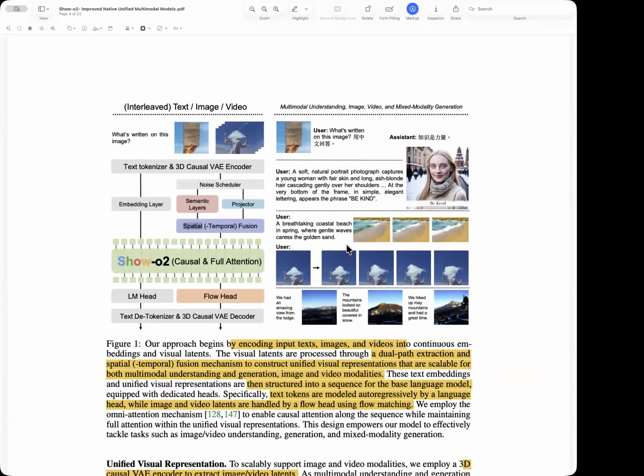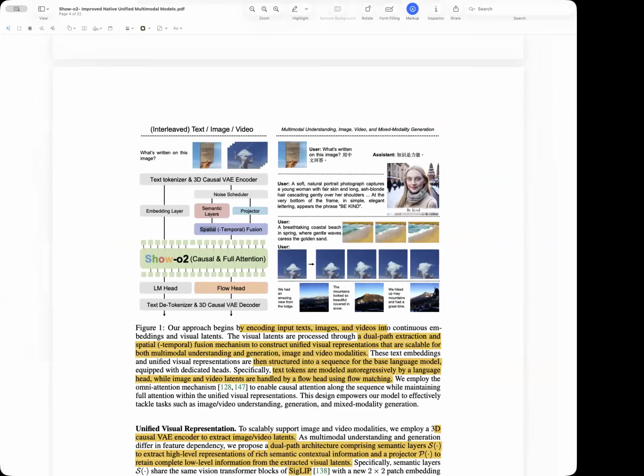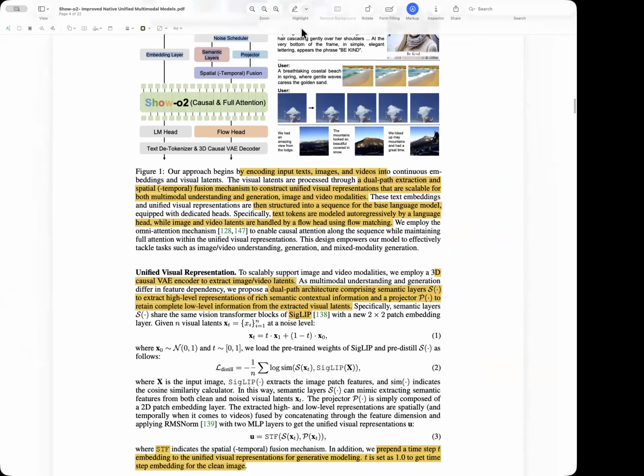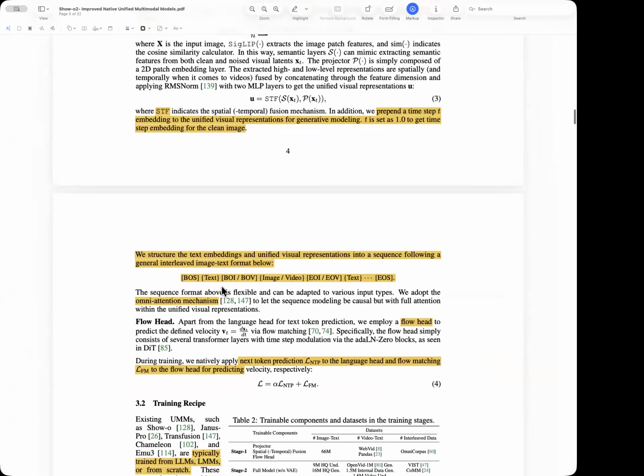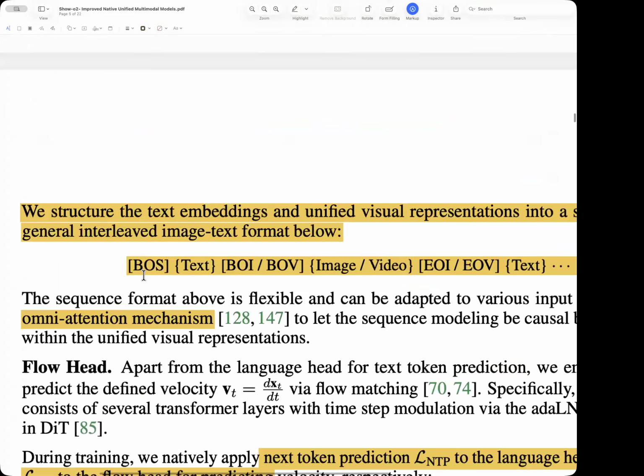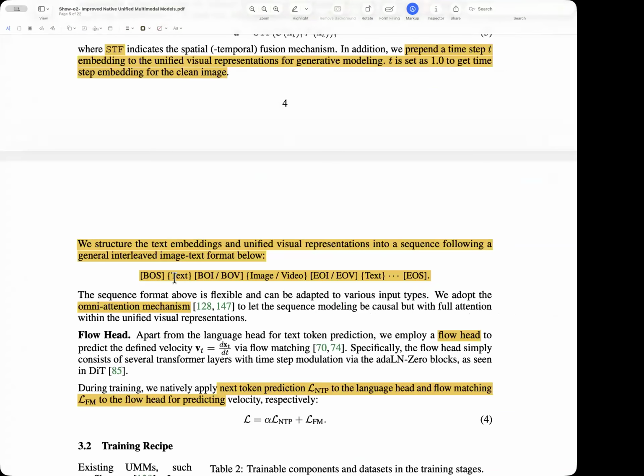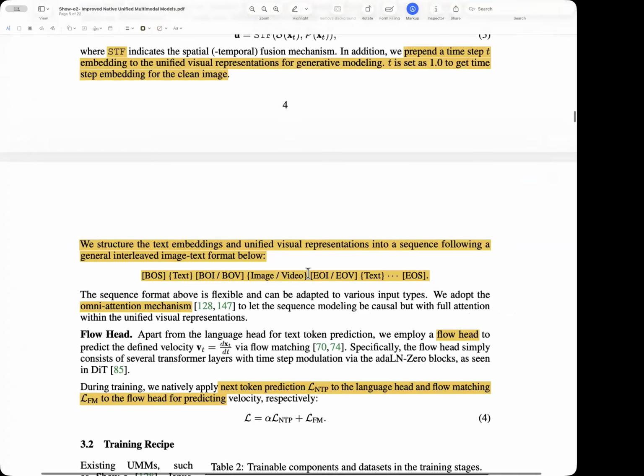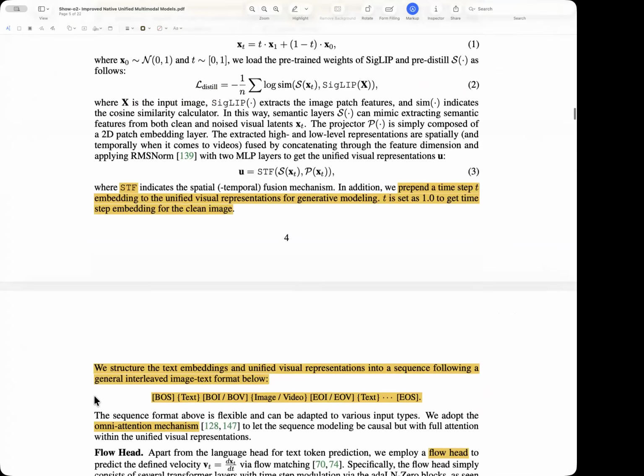So how does it work? Basically, text goes to embeddings. For images and videos, I think it's either or; you don't get to pass in both. You can pass in an image or a video alongside text, and they talk about their tokenization here. They have appended beginning-of-sentence for text, beginning-of-image, and beginning-of-video tokens. Then images or videos get embedded by VAEs, and they do a few fun things.